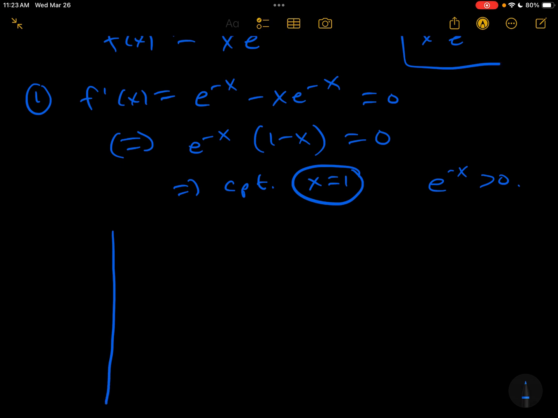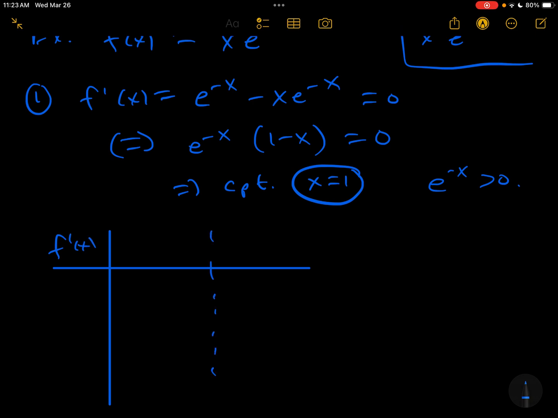Okay, so we make our sign chart for f prime of x. We put in our critical point. We put in e to the minus x here. That's positive everywhere. We put 1 minus x in. It's positive here and negative there. So the function's increasing there and decreasing here.